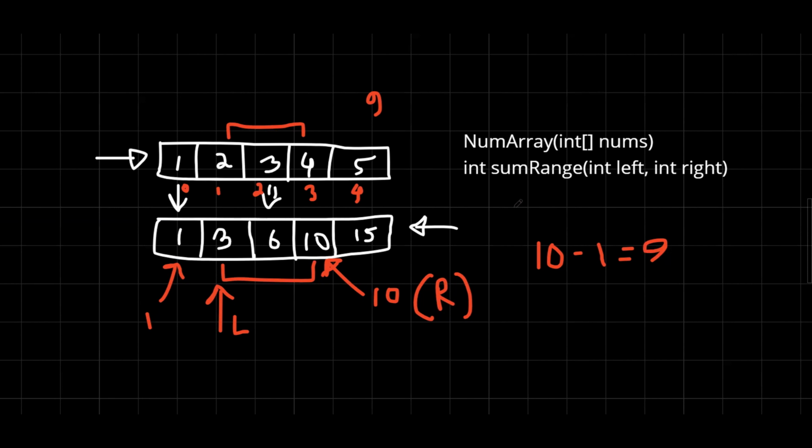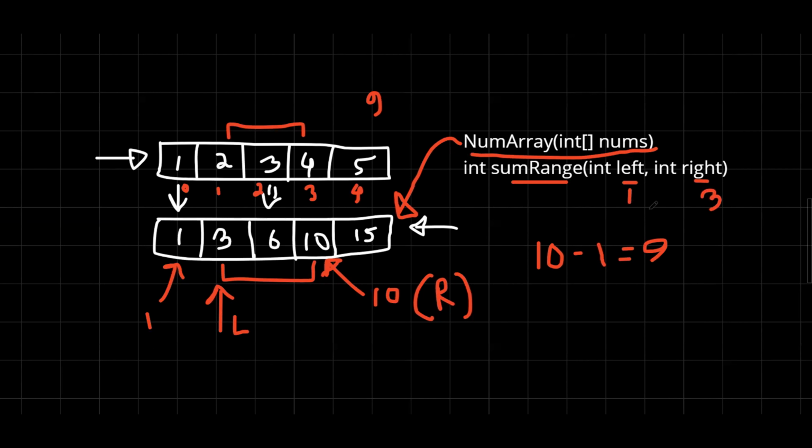At first, to implement the NumArray, we have to generate the partial sum array. Now, for this sumRange method, we take two parameters, left and right. So, left and right are the index numbers. Suppose the right value is 3 and the left value is 1.